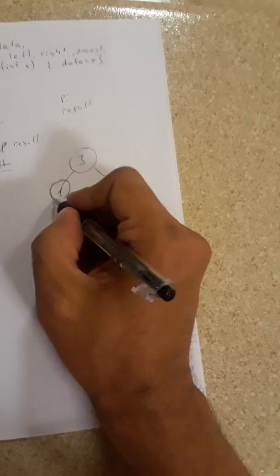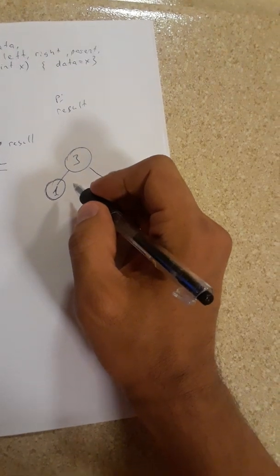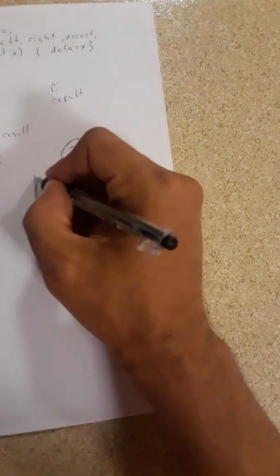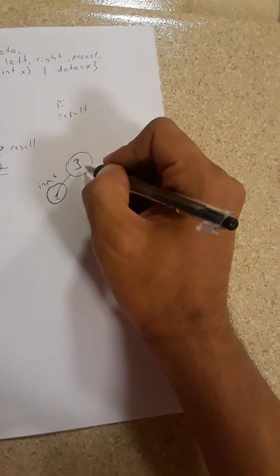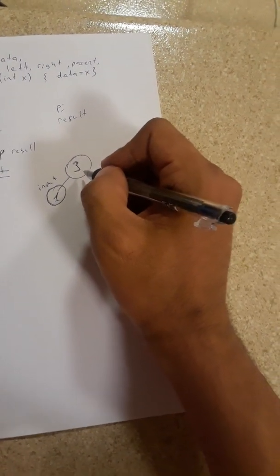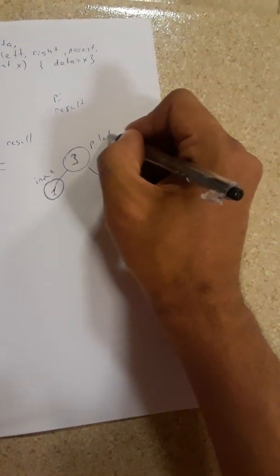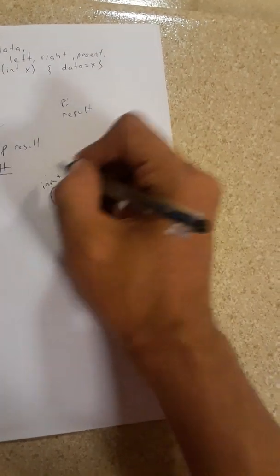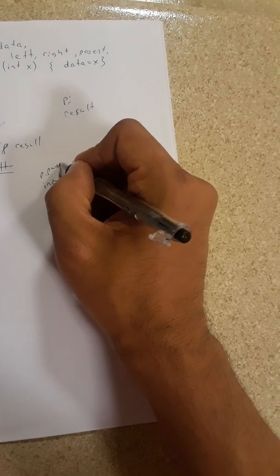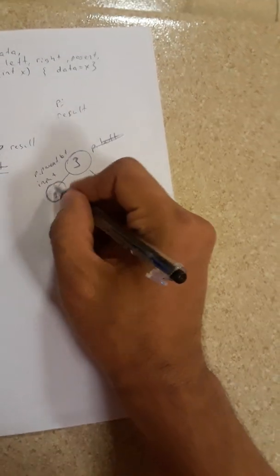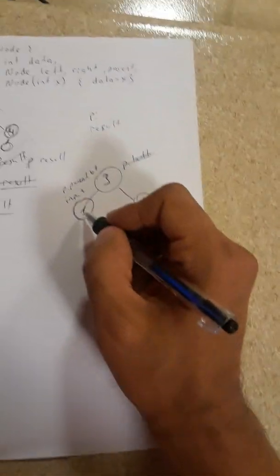In that case, we will check if our parent is not null and if the parent's left is equal to the input node. In that case we'll just return the parent of that node.